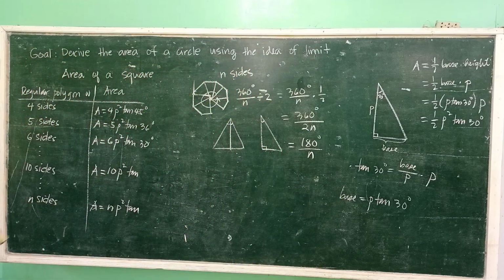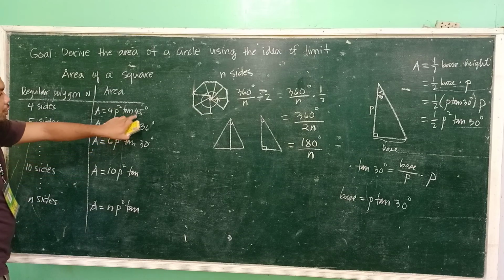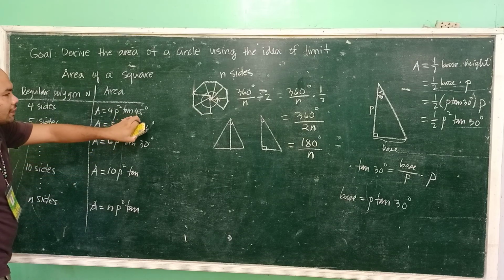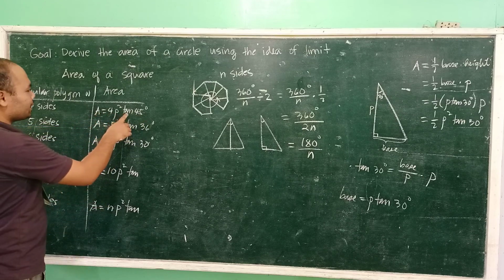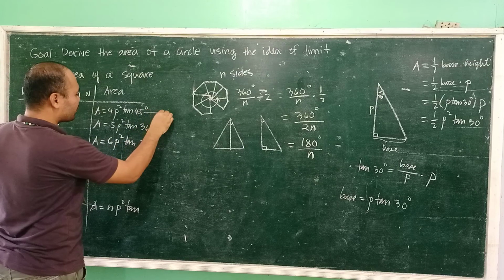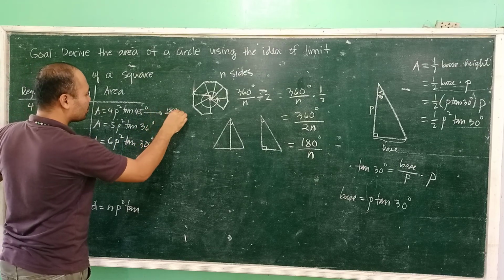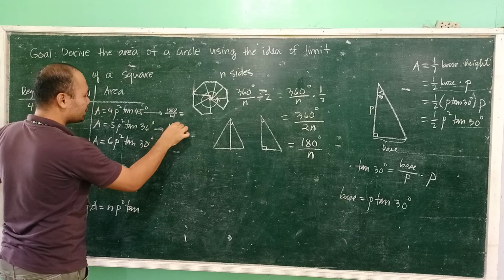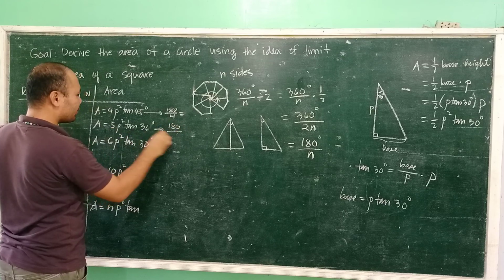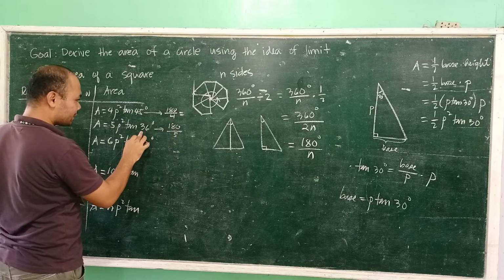So therefore, if you have n sides, simply to get 45 is just 180 divided by 4. What is 180 over 4? 45. What is 180 over 5? 36.